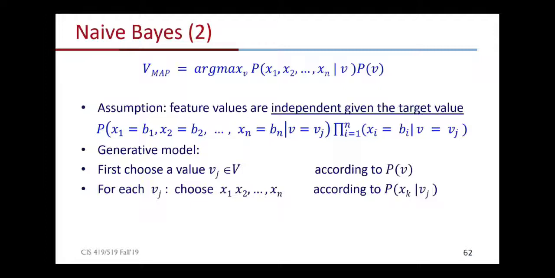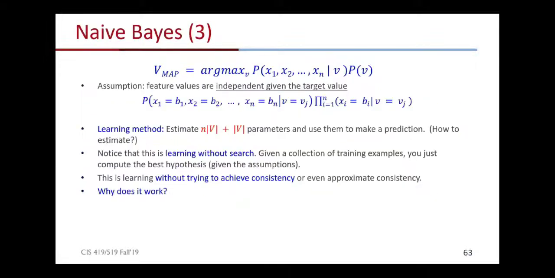As before, I need to estimate P of V. And in addition, I need to estimate these numbers, P of xk given Vj. Now, if I have n feature values, and let's say that V takes two values, I have to estimate 2n numbers here and a number here. So that is a small number of parameters, and hopefully tractable.